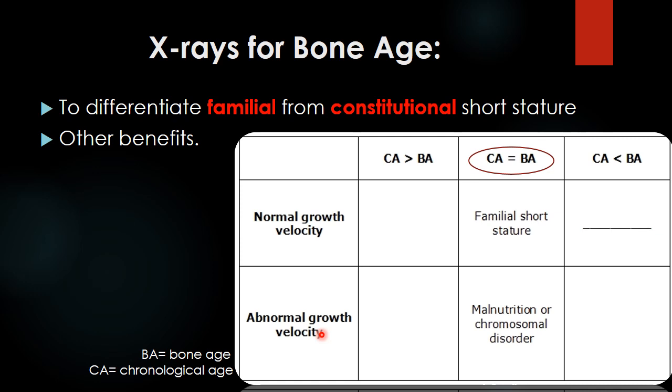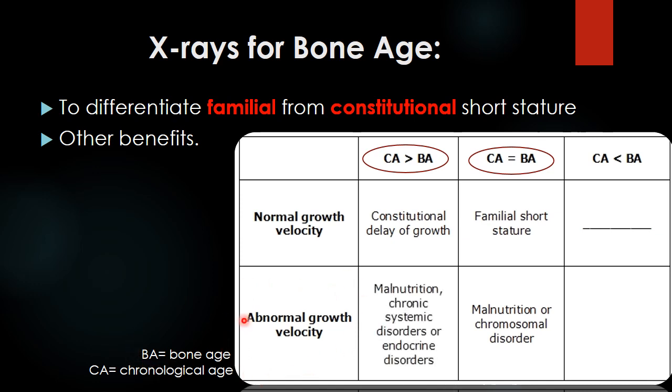In conditions where the bone age is less than the actual age, but the growth velocity is within the normal range, the reasons include constitutional delay of growth. If, however, the growth velocity is also low, the reasons include malnutrition, chronic diseases, endocrinopathies.